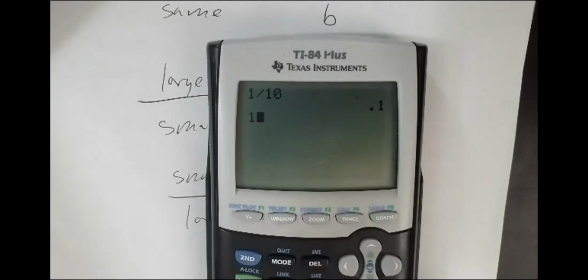What is this going towards? If I keep getting larger and larger on the bottom, like 1 over 10, 1 over 15, 1 over 100, what's happening to this number? 1 over what?